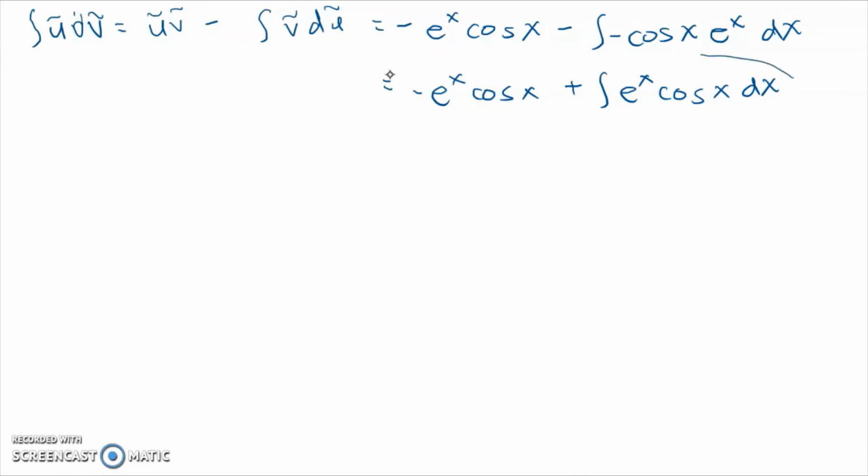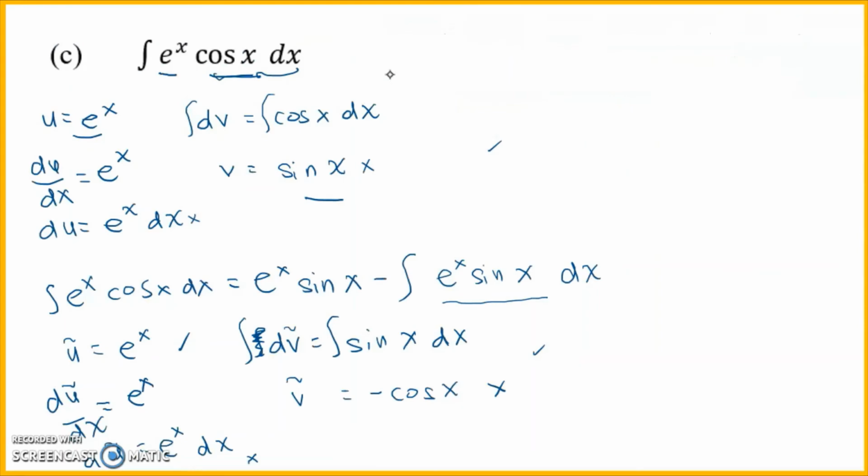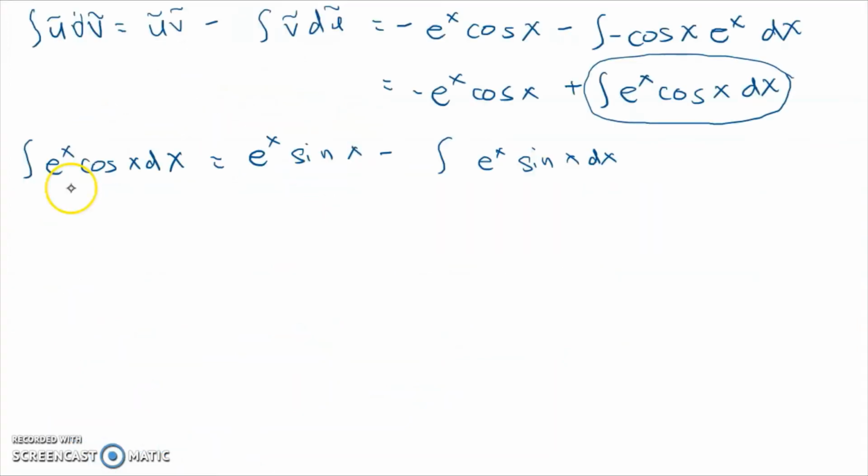You can observe that this term is actually the same as this term here. So I can substitute the previous formula into here. So the previous formula is this. Now I substitute this one. This is actually the integral of e to the x sin x from just now.